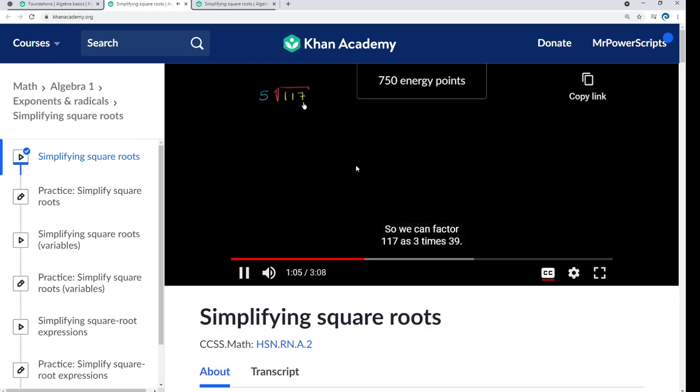I need to see an example. My goal is to find the largest perfect square that you can divide 180 by.